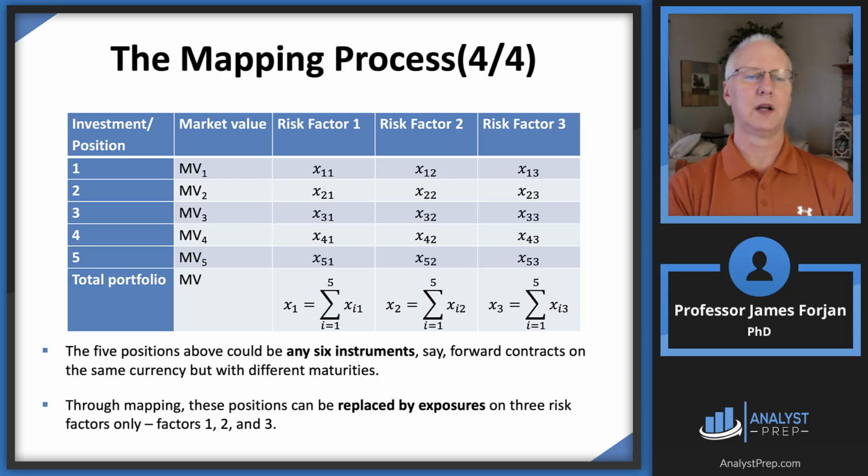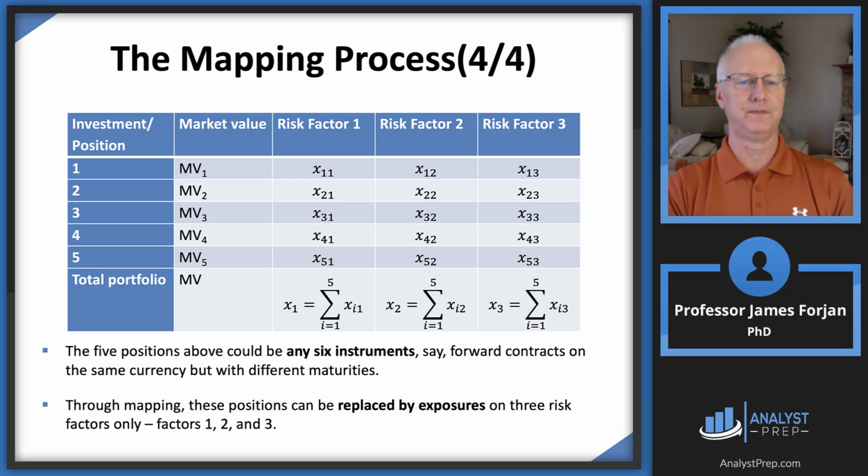If you go down the left-hand column, there are 5 positions. There's the market value after we mark to market of our 5 positions, and then that MV at the bottom is the total market value. And then there are risk factors, factor 1, factor 2, and factor 3. And then that kind of looks like a correlation coefficient matrix. Kind of looks like it. And then we're just going to do some summing.